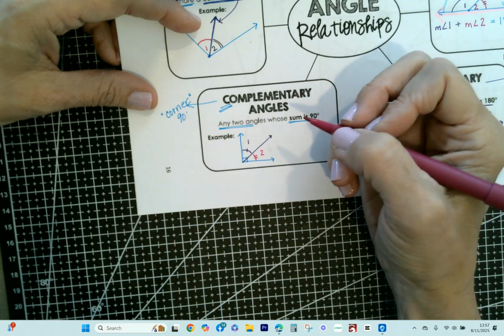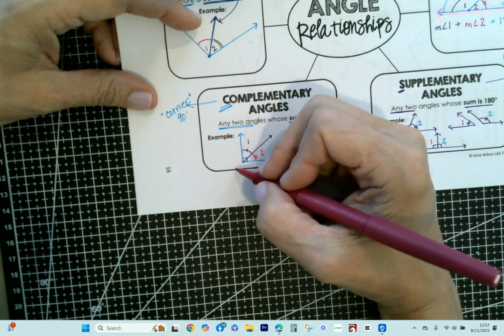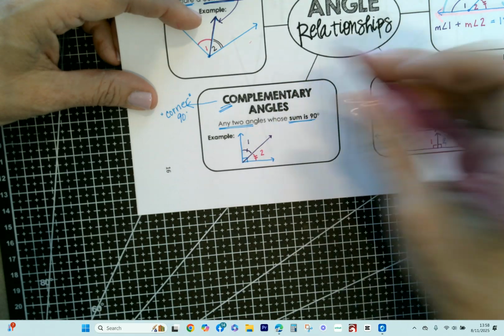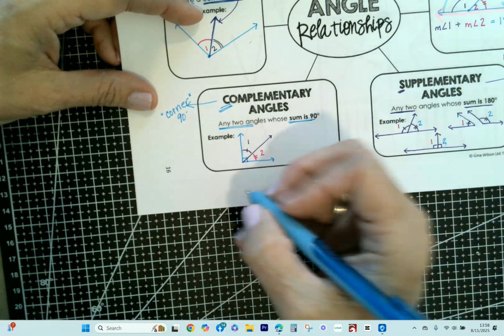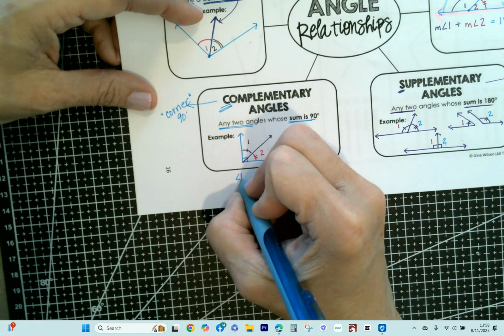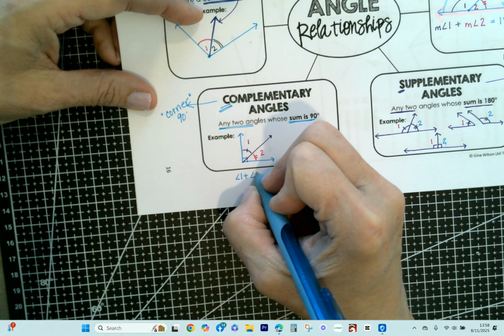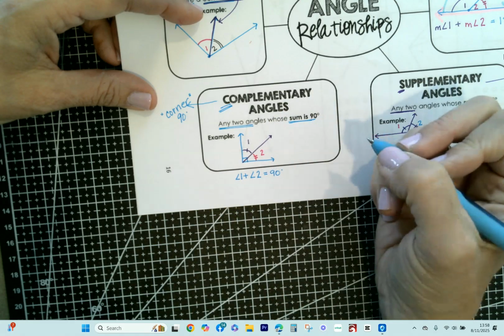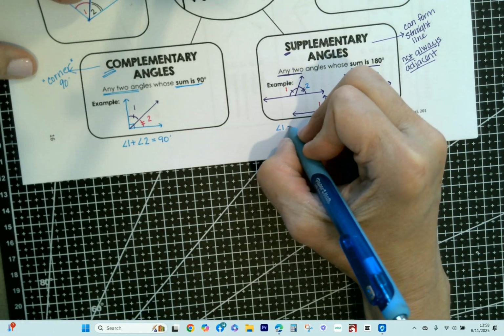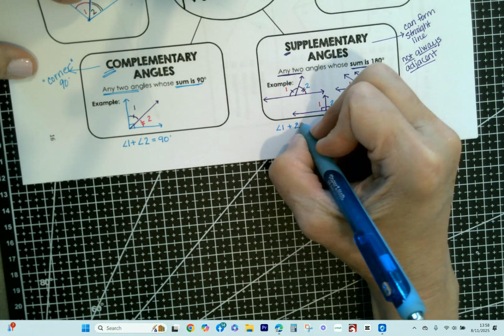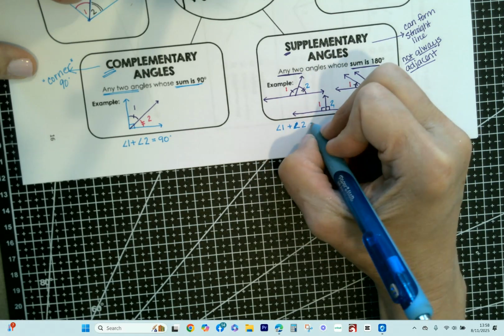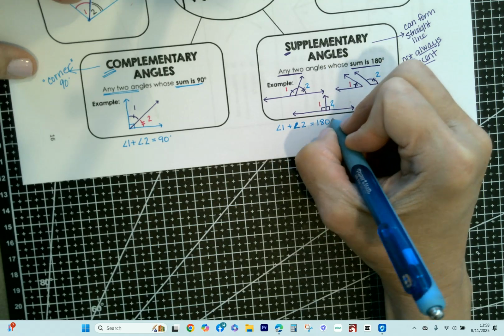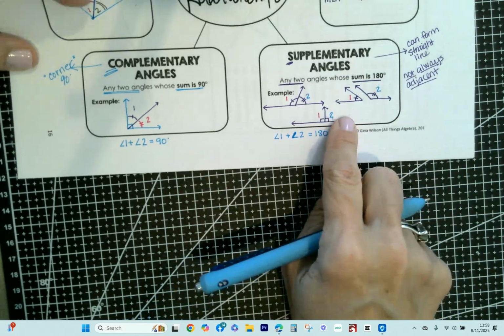They're not always congruent. Don't assume that we just cut it in half. So we would say that angle 1 plus angle 2 equals 90 degrees. Over here, angle 1 plus angle 2 equals 180 degrees. See the difference? This makes a straight line.